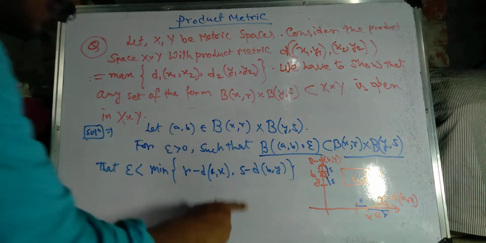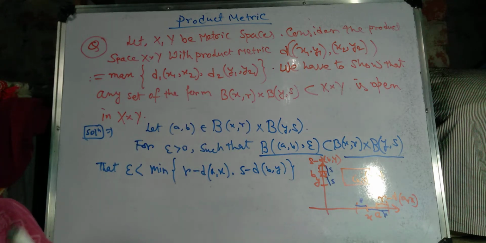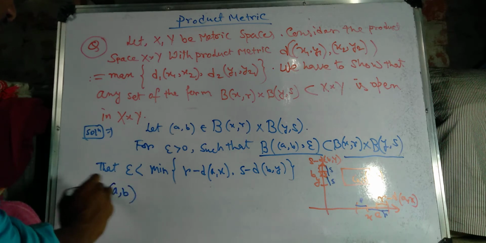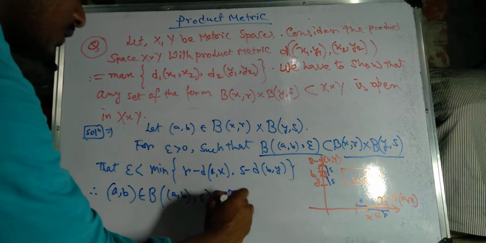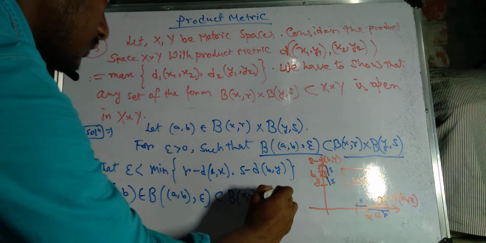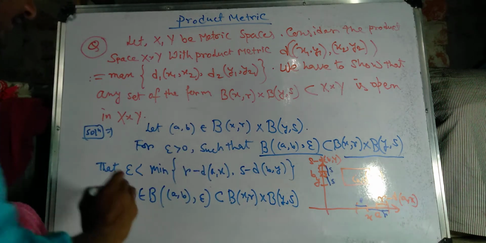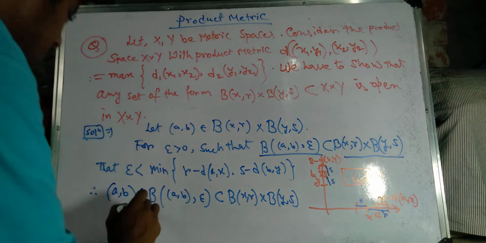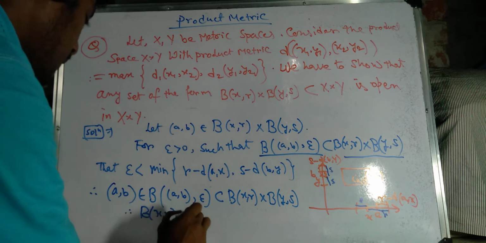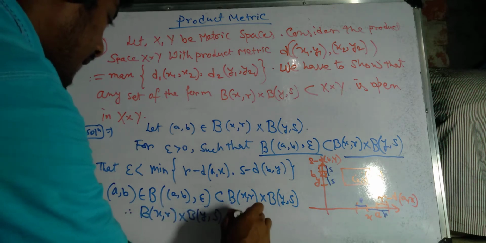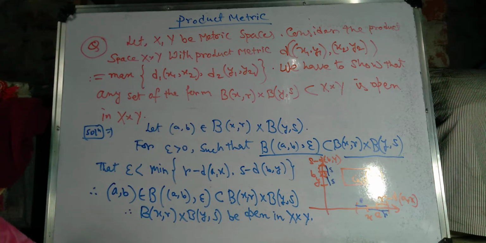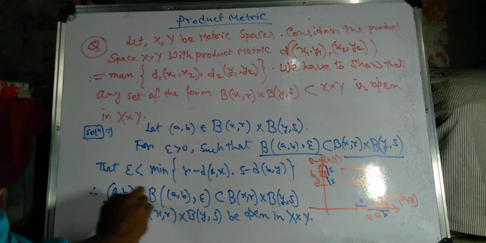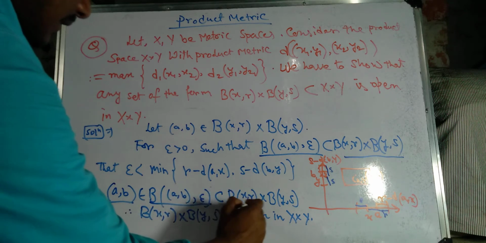First, take epsilon equal to the minimum of r minus d(a, x) and s minus d(b, y). Then we show that (a, b) belongs to B((a, b), epsilon), a subset of B(x, r) Cartesian product B(y, s). Then we show that B(x, r) Cartesian product B(y, s) is open in X cross Y, because we take one point, get a neighborhood, and get this set.